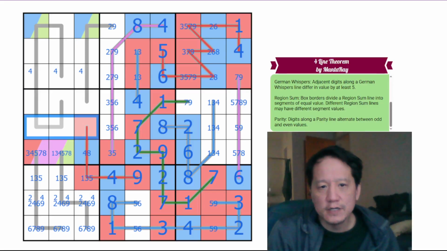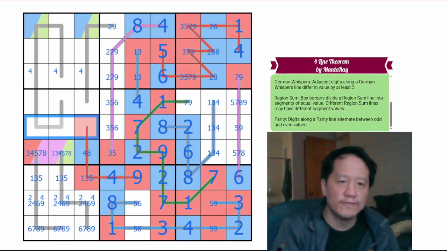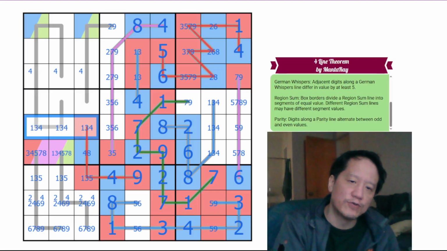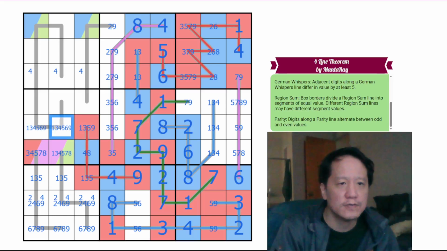Remaining digits in row 5. We have 1, 3, 4, 5, 6, and 9. This cannot be even, so it's 1, 3, or 5.